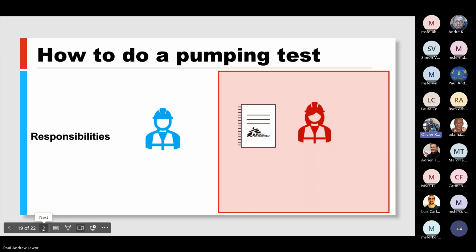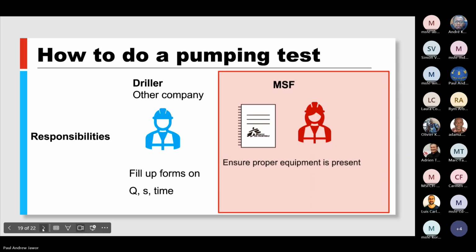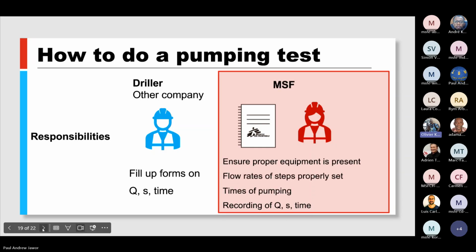In any of these situations, whether it's MSF, the driller or anyone else, we have to ensure that the drawdown is properly measured, that the flow rates and the timing are set, and that the proper equipment is being used.